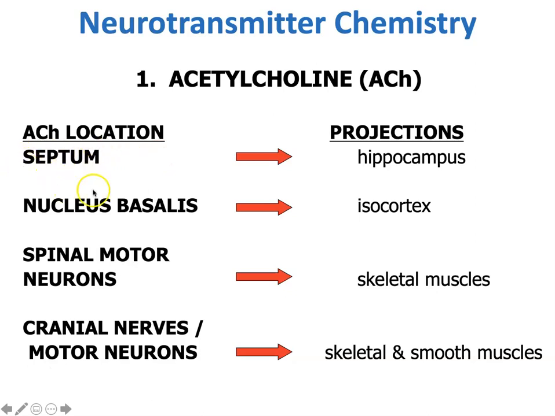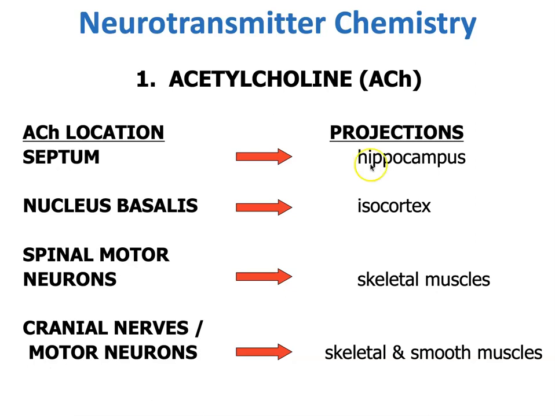So in the septum, there are neuronal connections within the hippocampus that utilize acetylcholine as their neurotransmitter. And then there's the nucleus basalis that has projections in the isocortex. These axonal projections in the hippocampus are going to synapse on postsynaptic neurons that are important for memory function.